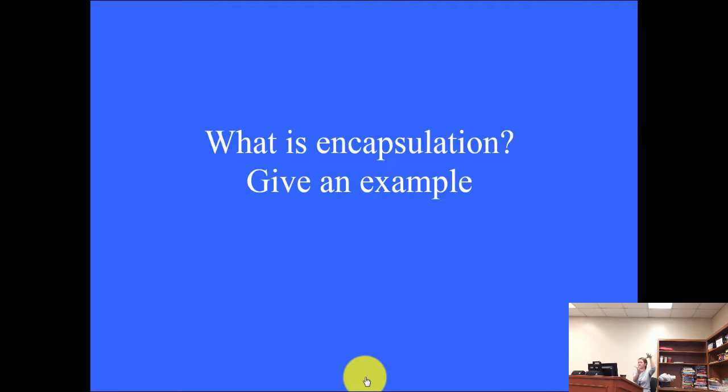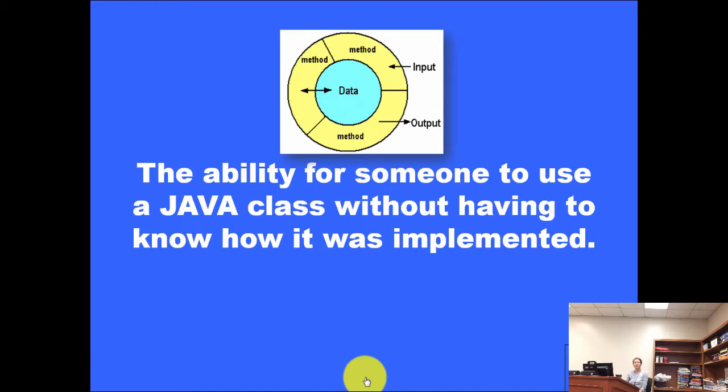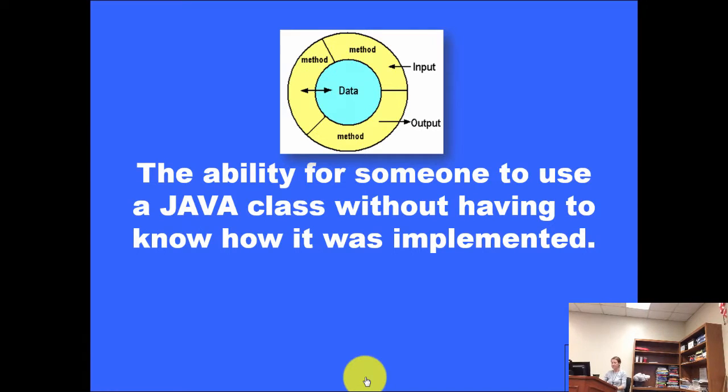We just care that it works. When we use system out print line, we don't know how it works, but we know what to send it. So anytime we use a method, we're using encapsulation. So the ability for someone to use a Java class or a method without having to know how it was implemented. And that one was a 5-pointer.